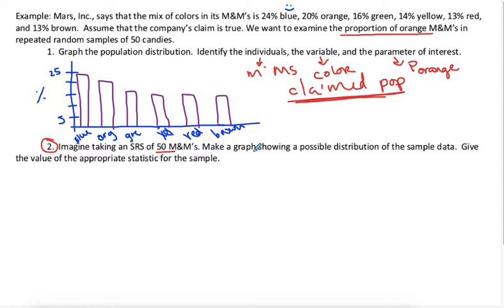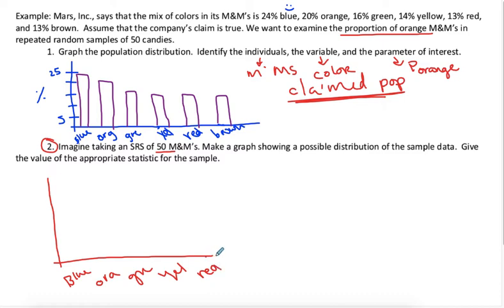Well, are they keeping true to what they're claiming on their website? So if we imagine, now we're going to take a sample and we have blue, orange, green, yellow, red, and brown. Okay, so if we still have this, can we imagine how many we have here?